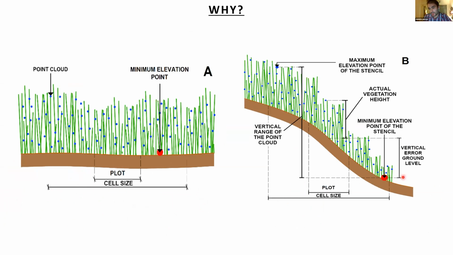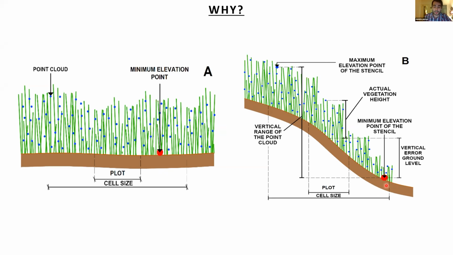But if we do the same here with the slope, we obviously have this error because the minimum point is pretty far. The elevation of the minimum point is pretty different from the elevation of the central point. So what we did basically was to rotate this slope to remove this effect and to maintain this difference between the ground and the point, because we considered that, after removing the slope, this remained the point which was detected closest to the ground.